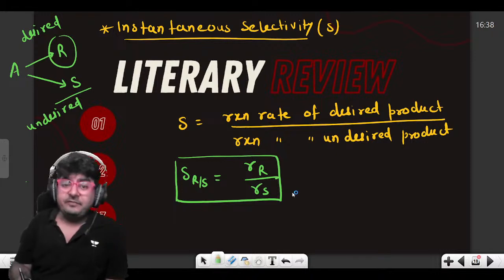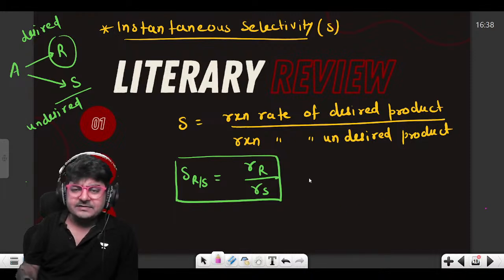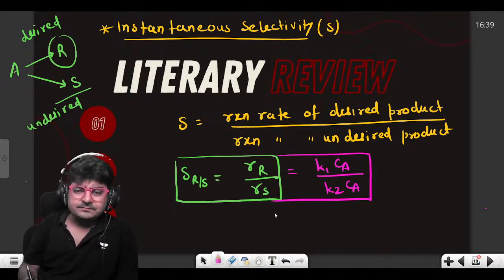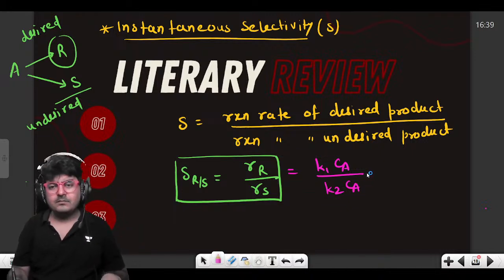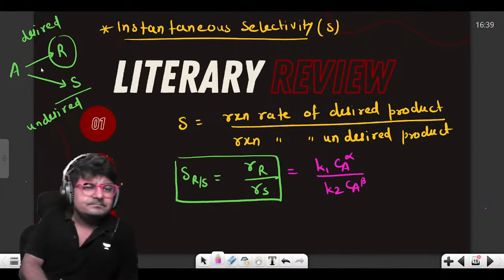And here, you know, rate of reaction can be written in terms of concentration and rate constant K. So you can also write it as K1 Ca upon K2 Ca. So we can say that power alpha, power beta is available.